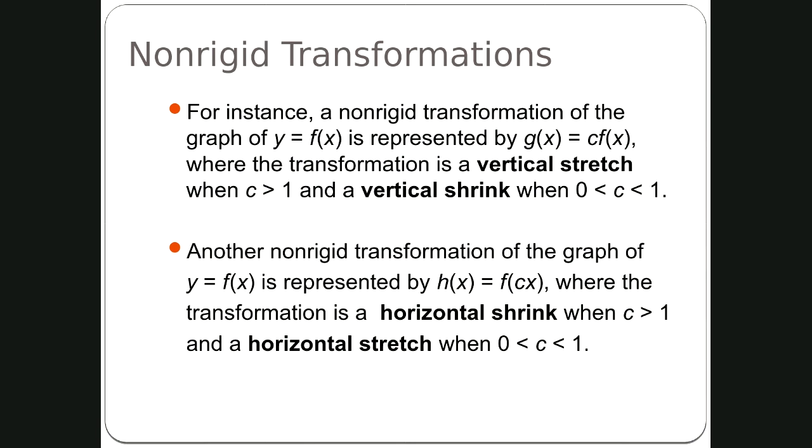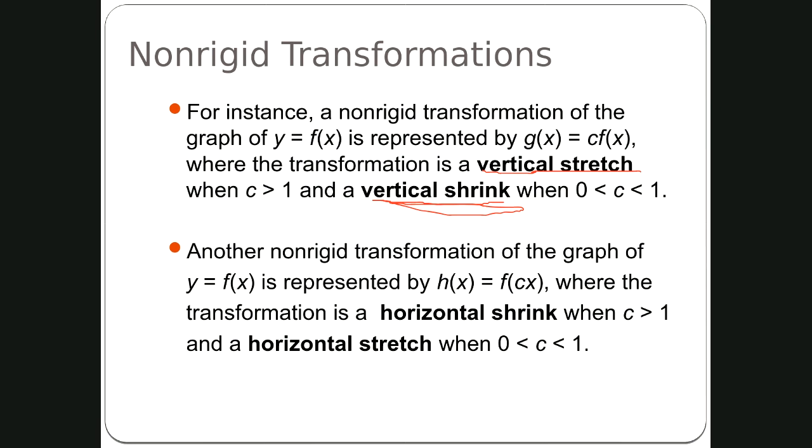So vertical stretch for c greater than 1 means you're pulling it in the y direction, or it's getting taller in the y direction. And then you get vertical shrink when c lies between 0 and 1. For c between 0 and 1, you get a shrinking. It means it's getting smaller and shorter in the y direction.